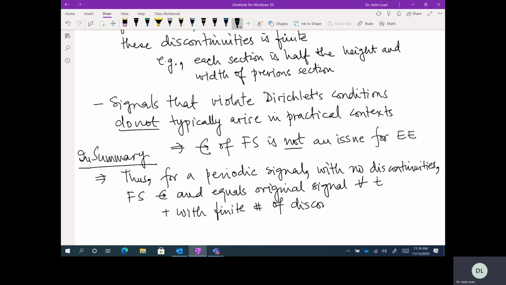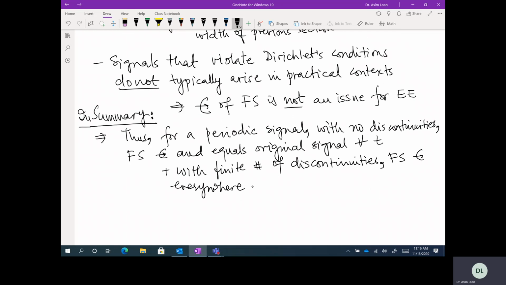So in summary, with a finite number of discontinuities, the Fourier series converges everywhere except at discontinuities. And what does it do at discontinuities?